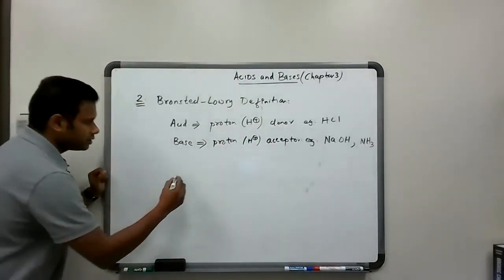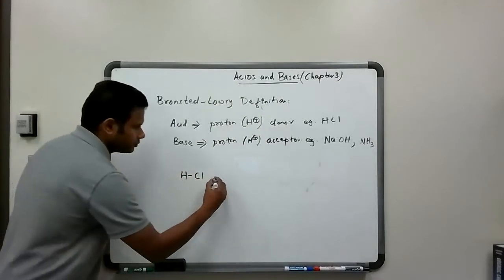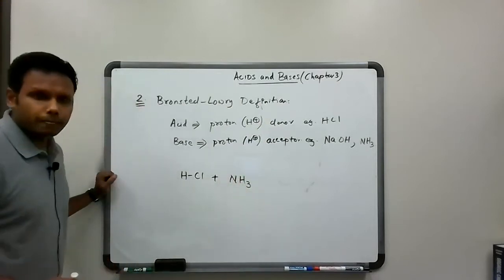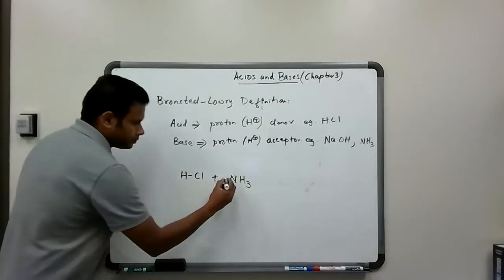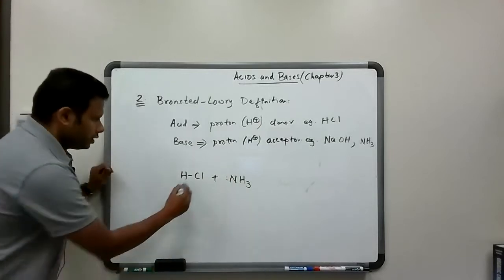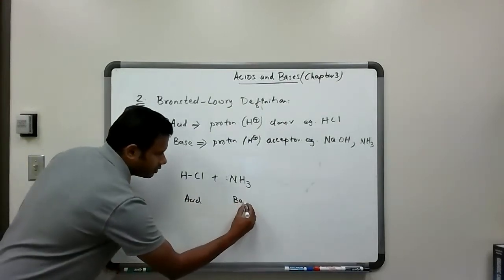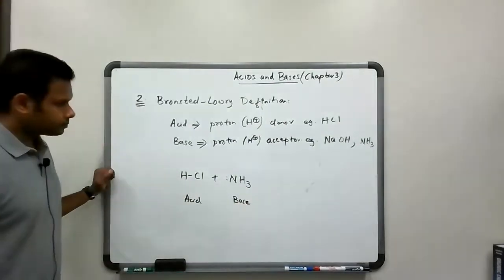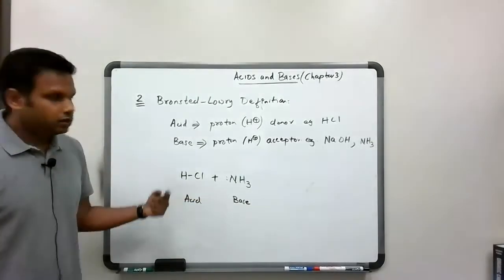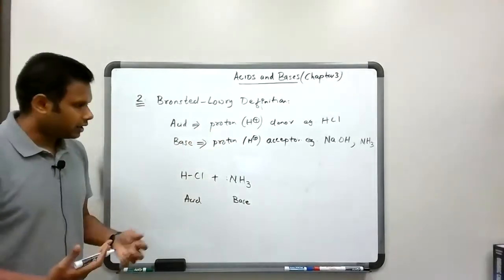So let's consider another scenario where we have HCl, and now we have ammonia. Nitrogen has that lone pair on it. HCl is the acid here. Ammonia is the base. Acid is a proton donor, base is a proton acceptor.